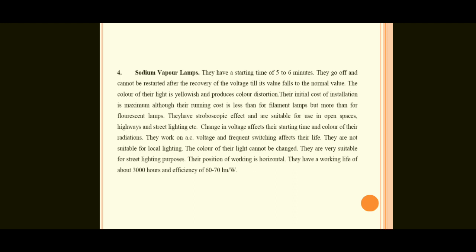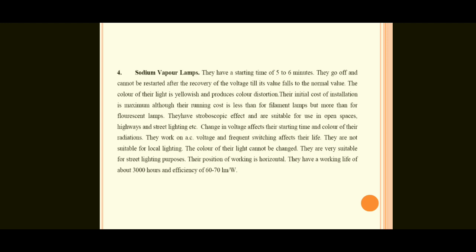So the working life is 1000 hours. So it is very low. It is very less compared to fluorescent lamps, mercury vapor lamp, and sodium vapor lamp, because the life is very small, only 1000 hours. And luminous efficiency is 12 lumens per watt.